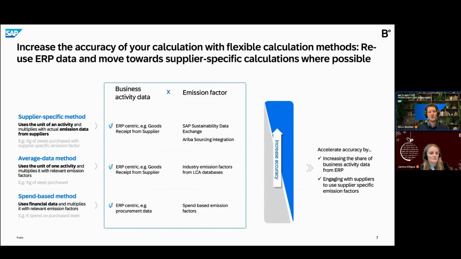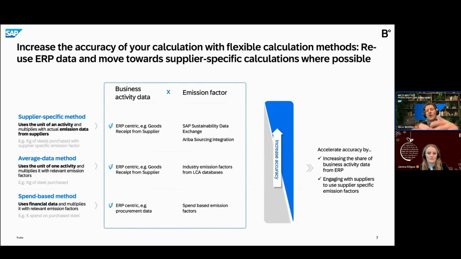Here you can use the financial data that is coming from your procurement data in ERP. And then we always multiply this business data by an emission factor. In this case, we provide spend-based emission factors, and you can of course also import your own emission factors, and by that then calculate the environmental impact of those purchases.